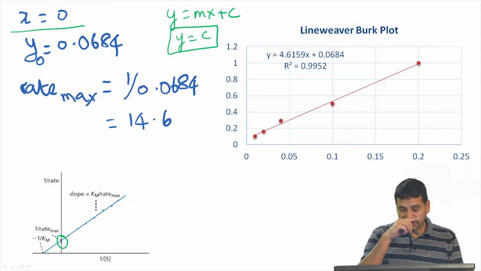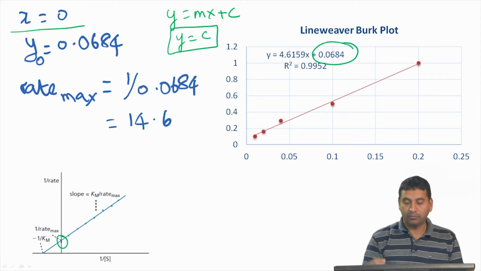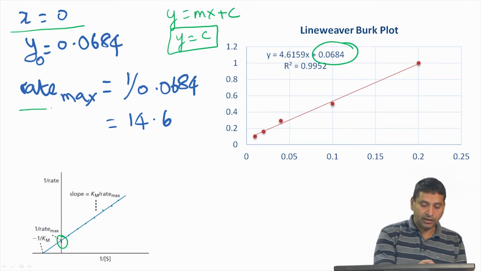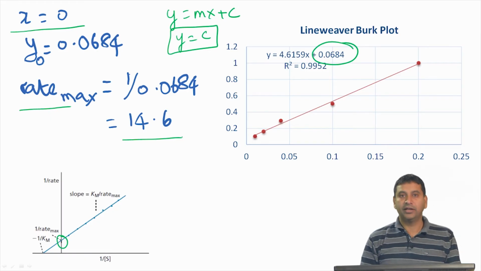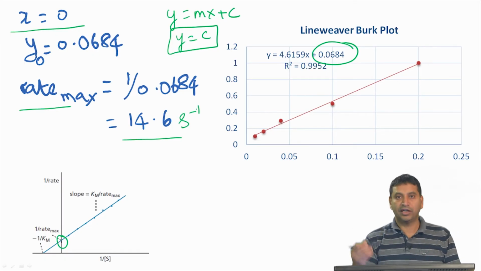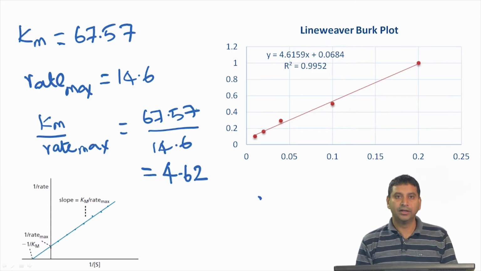C, as we know, is 0.0684. So, rate max is nothing but 1 divided by 0.0684, which is basically 14.6, and the units would be per second, because the time coordinate here is second.